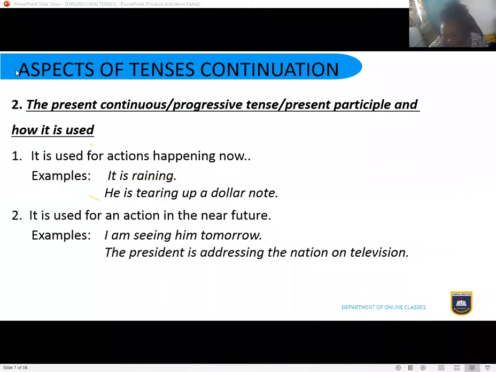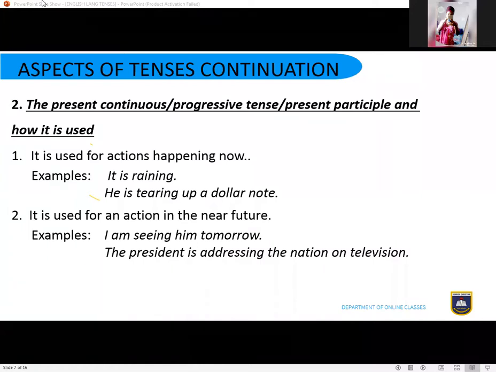Who can tell us what the verb is in this sentence? Agboche Cindy, tell us the verb in sentence 2. Madam, is it the first one or the second one? The second sentence, example 2. Madam, is.